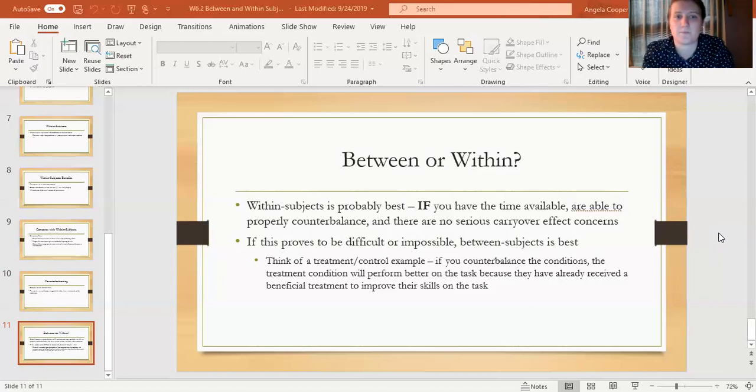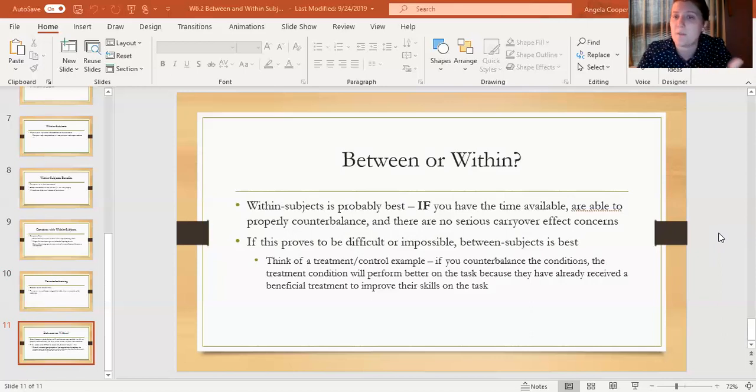It doesn't really work. So if it proves to be difficult or even impossible, between subjects is probably best. Both are right. You can't really go wrong with either, but there could be a better selection depending on your experiment. Again, if it's impossible or too labor intensive to do within subjects design, between subjects will be fine as well.